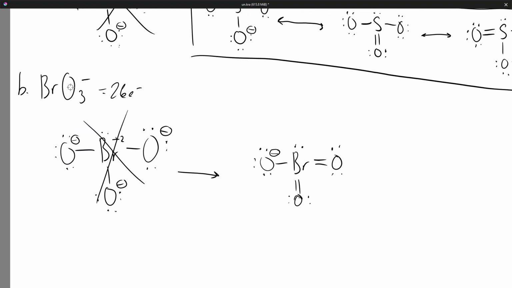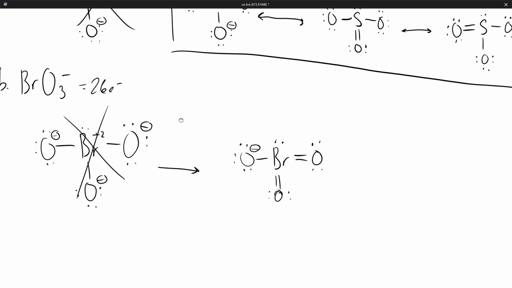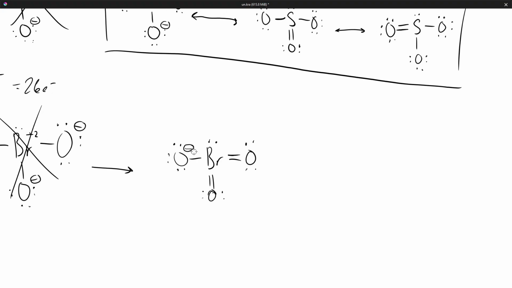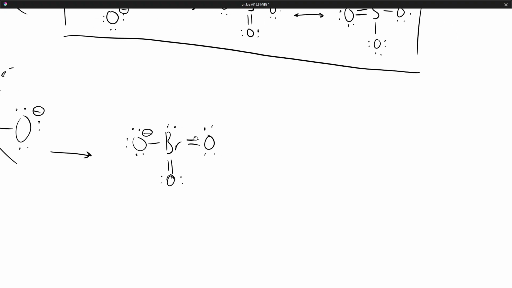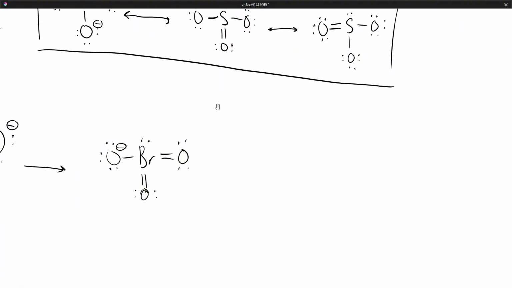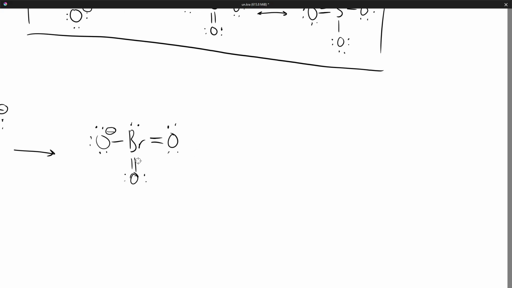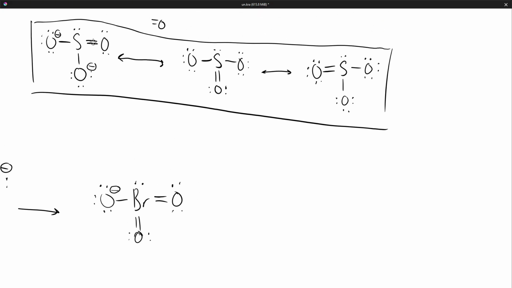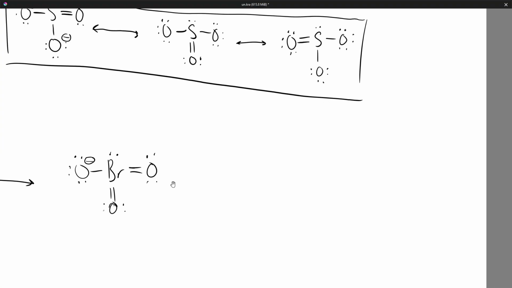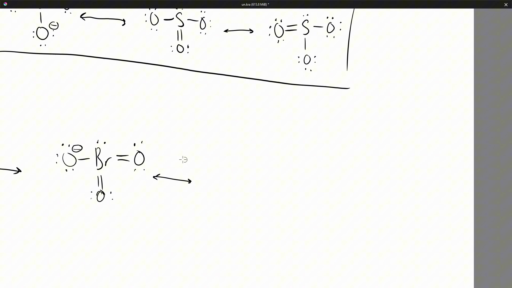See, since BrO3 minus only has one negative charge, we want one negative formal charge right here, or we want the charge to add up to be -1. So like A, we could change the double bonds here to create new resonance structures. So instead of being here, we could put it right here instead.